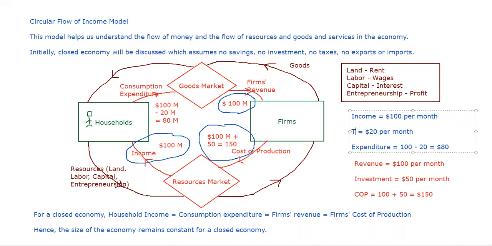So suppose there are taxes, worth, let's say, 25. So if a person earns $100 and that person has to pay 25 as a tax, of course, this expenditure will reduce to 100 minus this, which is 75.